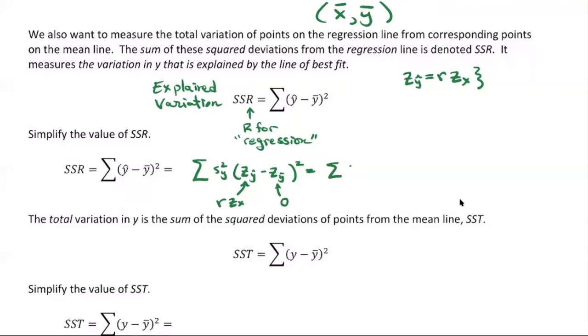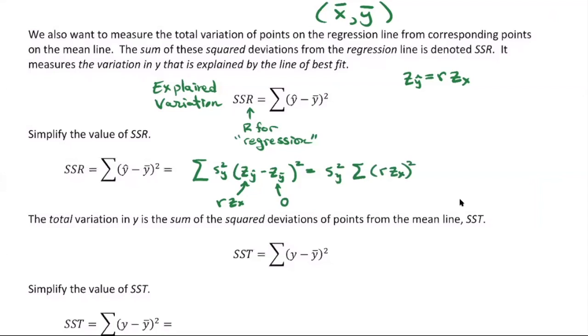So in the end, I'll factor the variance out. We're going to write s y squared times the sum of z y, which is r times z x, and that's going to be squared. So r z x, we'll put in squared like that.